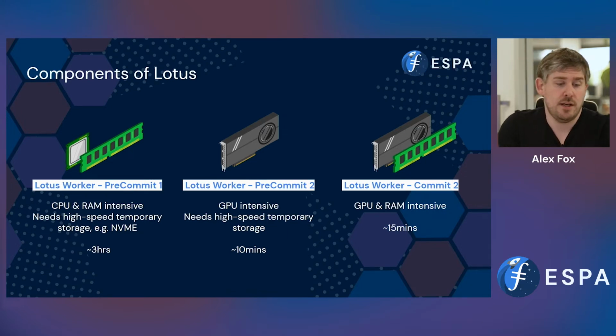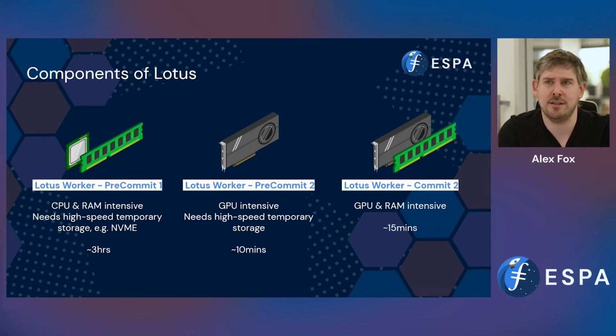The process starts with a task called add piece, where it's taking client data and putting it in a block of 32 gigabytes or 64 gigabytes, and it's called a sector. Stored on blockchain as a sector, and the blockchain recognizes sectors.